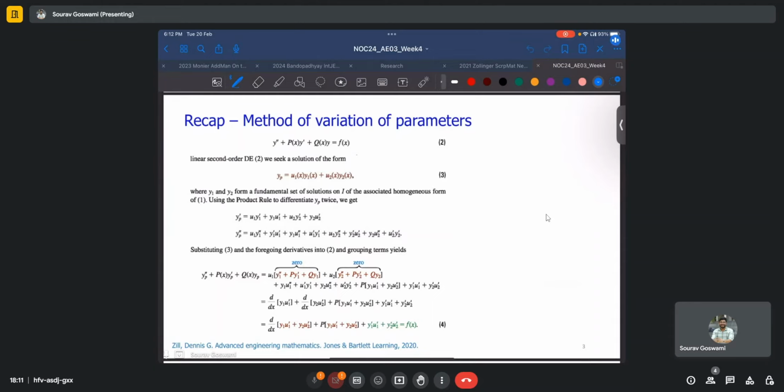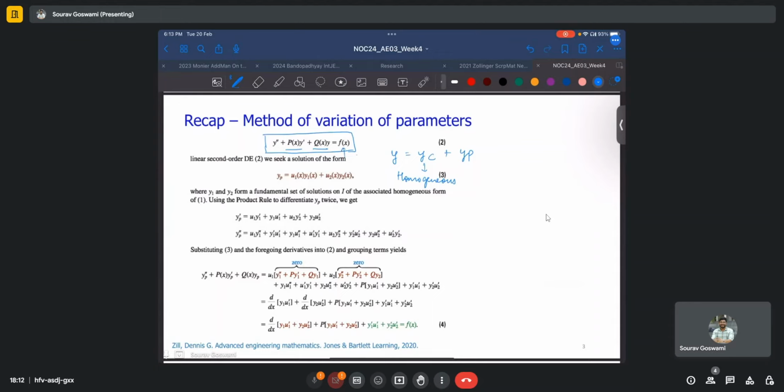So it's non-homogeneous. It will have a general solution, which will consist of a complementary function and a particular solution. The complementary function is the solution of the homogeneous equation, that is when we set the right hand side of this equation to 0. The particular solution is a solution that accommodates this f of x that we have on the RHS here.